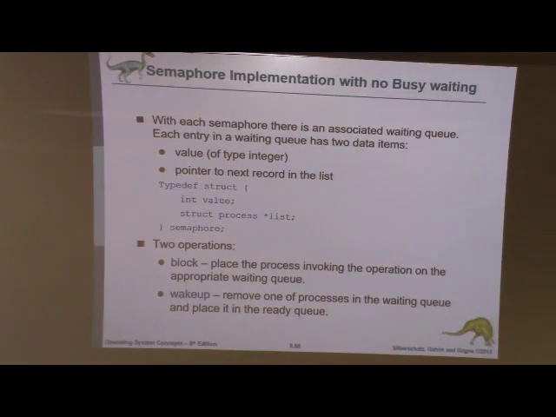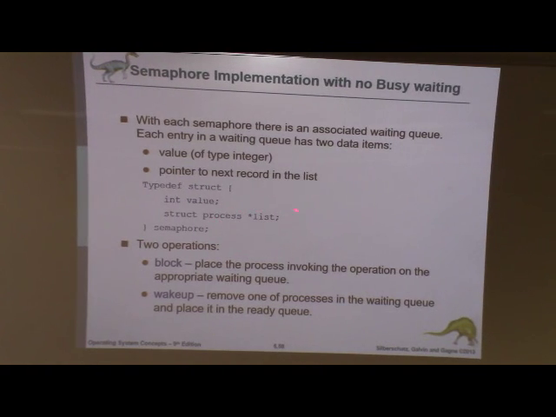Instead of the while loop, we can keep a list of the processes inside. This is the waiting room, the waiting queue, so we can manage the wait queue. The queue holds the processes that are waiting for the semaphore. So we have two other operations. One is block.